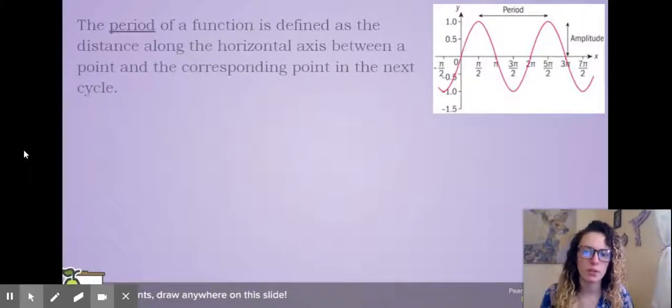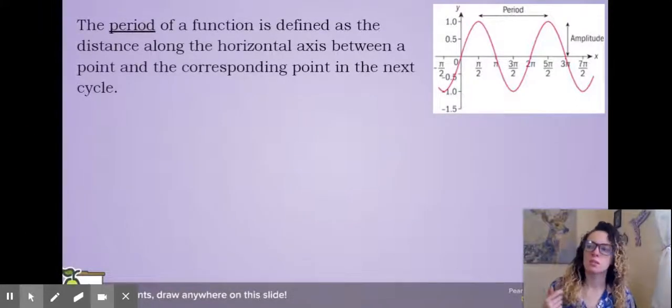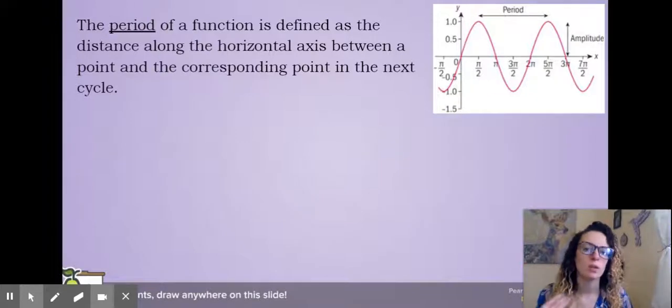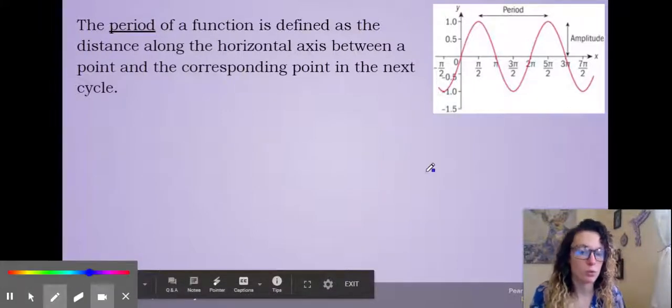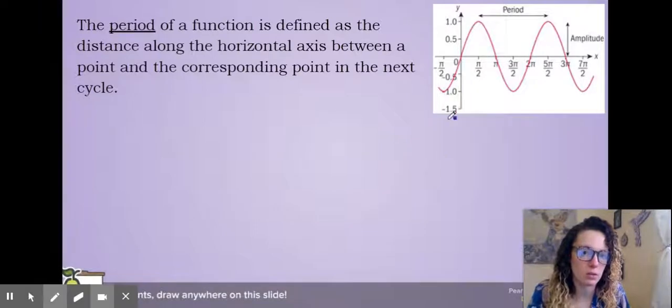And finally, the period of the function is the distance along the horizontal axis between a point and the corresponding point in the next cycle. If we're looking at the sine graph, we said that with no transformations, it starts at 0, 0. If you notice, it goes up, it goes down, back through the principal axis, down to the minimum point, and then back up to the principal axis.